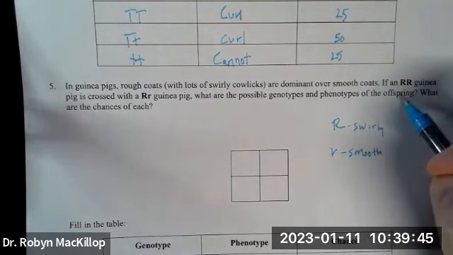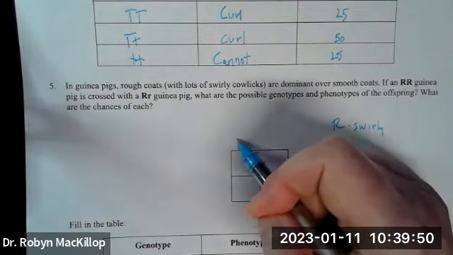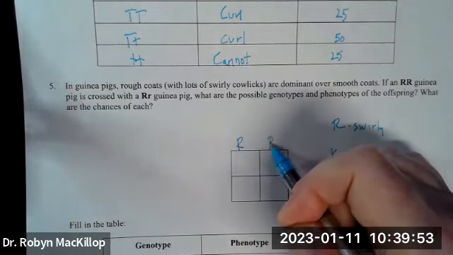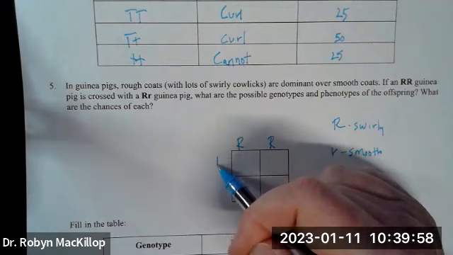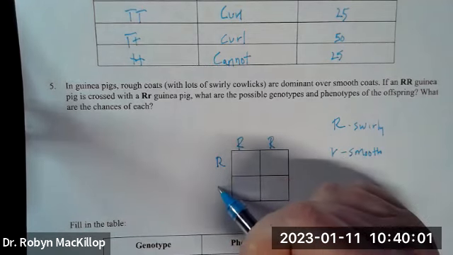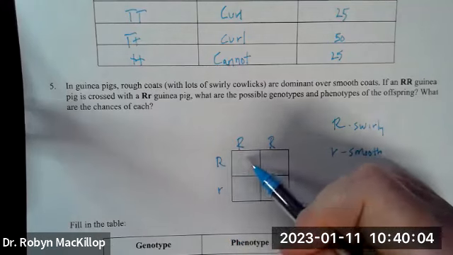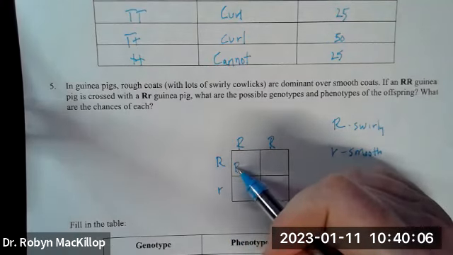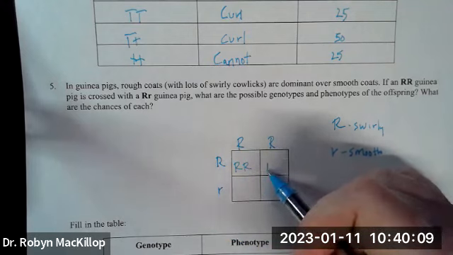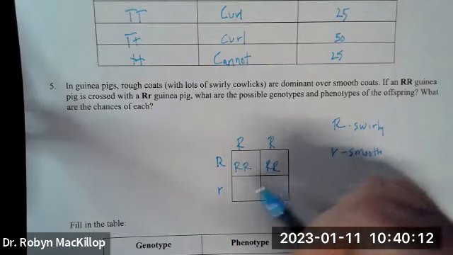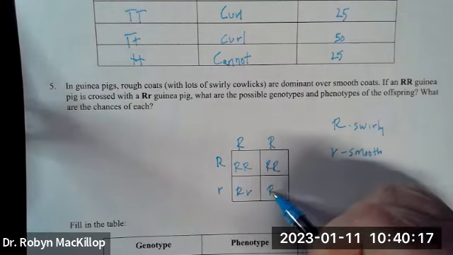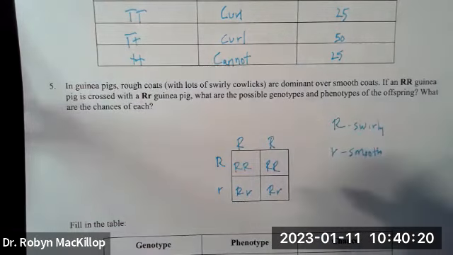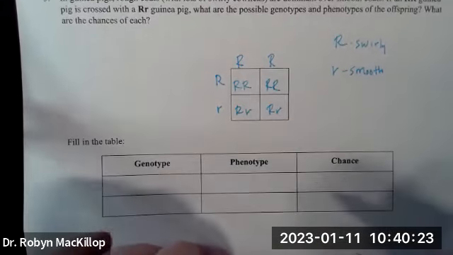So we've got a homozygous dominant, which is big R, crossed with a heterozygous dominant, big R, little r. Then you fill in the boxes from the top and side, top, side, top, side, top, side. And then you can figure out what you've got.